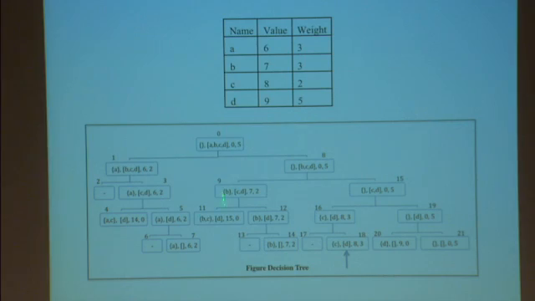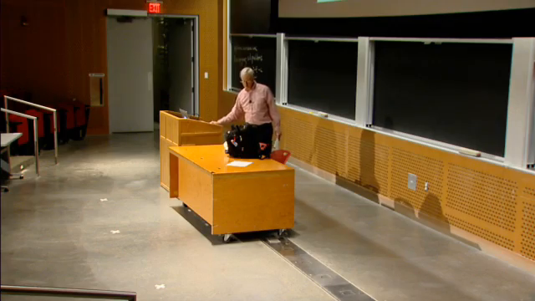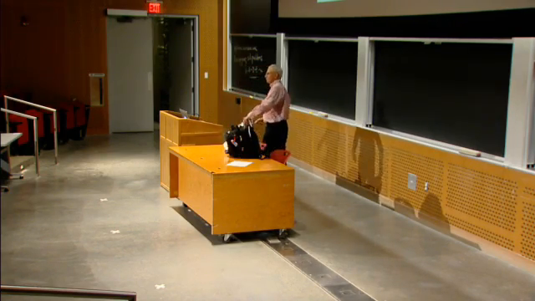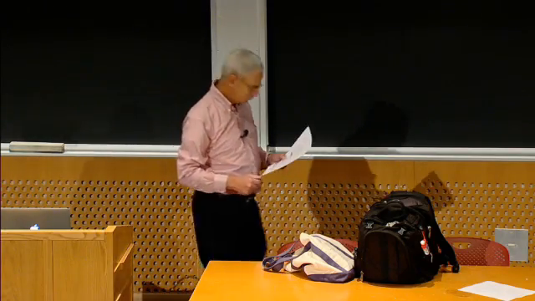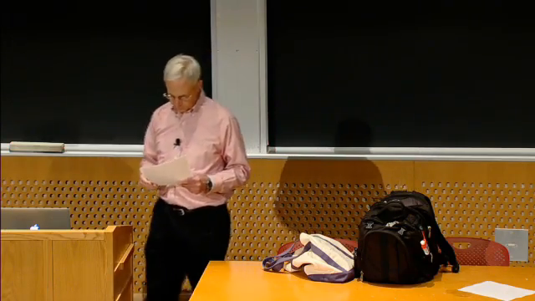How many levels can this tree go if we have n items? N levels, exactly. So if we have n items, it can go n levels. All right, how many nodes do we have at each level?